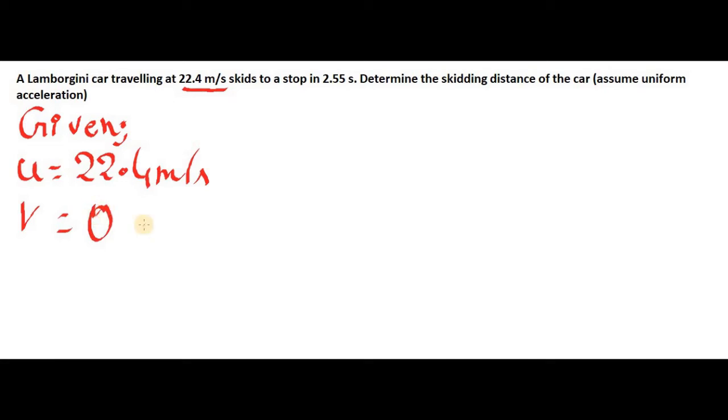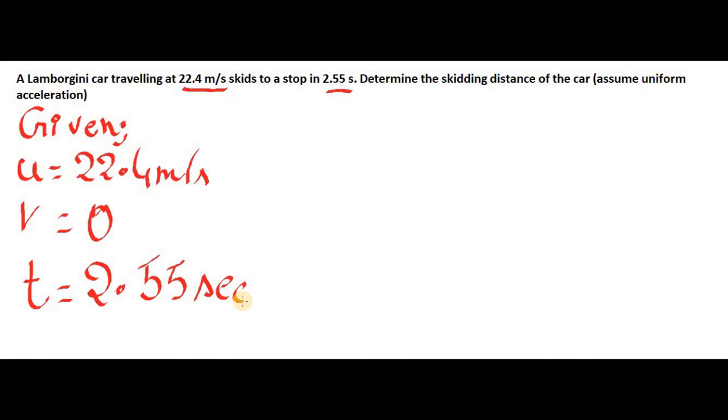And if you look carefully, we have one more thing hidden in this question. What is it? It is nothing but the time that has been given to us. It is 2.55 seconds. So small t is equal to 2.55 seconds. This is the time that is given in the question.